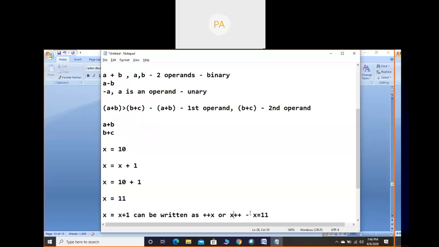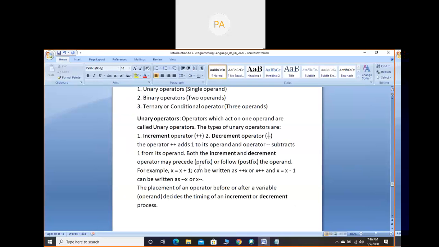So the final result is x equals to 11. For example, x equal to x plus 1 can be written as plus plus x, that is first operator afterwards variable, or first variable afterwards operator. And x equal to x minus 1 can be written as minus minus x or x minus minus. It's very simple. Plus plus will add 1, minus minus will subtract 1.